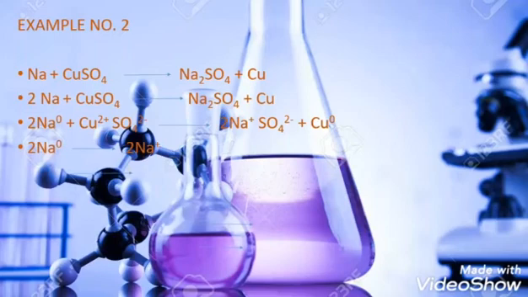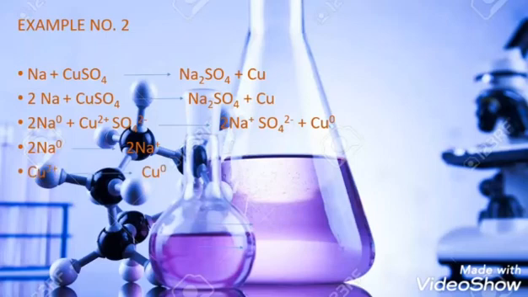Let us now take a look at the changes in the charges. Na changes its charge from Na neutral to Na positive, from Na0 to 2Na positive. Therefore, it loses electrons.